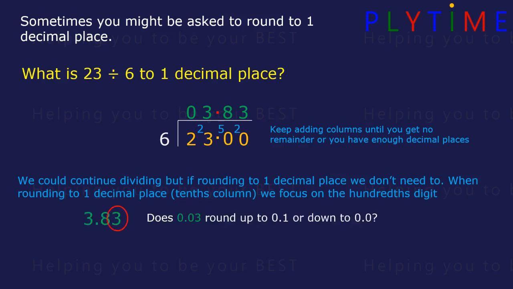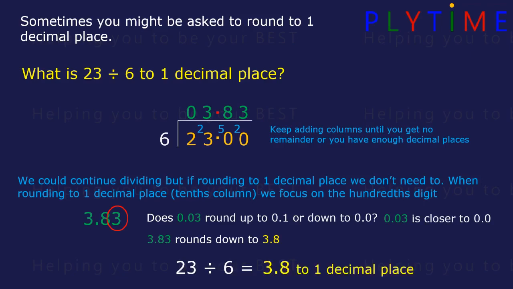That's a 3 in this case. Does 0.03 round up to 0.1 or down to 0.0? It's closer to 0.0, so it rounds down. So the number rounds down to 3.8. So 23 divided by 6 equals 3.8 to one decimal place.